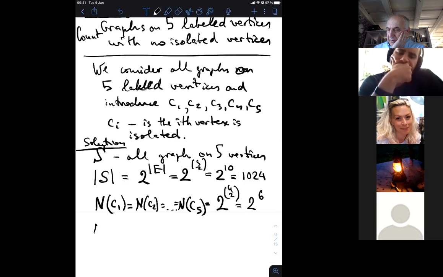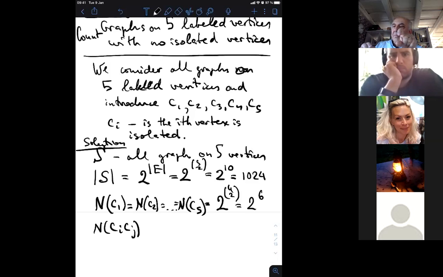Now, if we want 2 of our 5 vertices to be isolated, how many graphs do we have then? We have 2 isolated vertices and the remaining group of 3 vertices, and 3 vertices can be connected by at most 3 edges. So this would be 2 to the power 3.